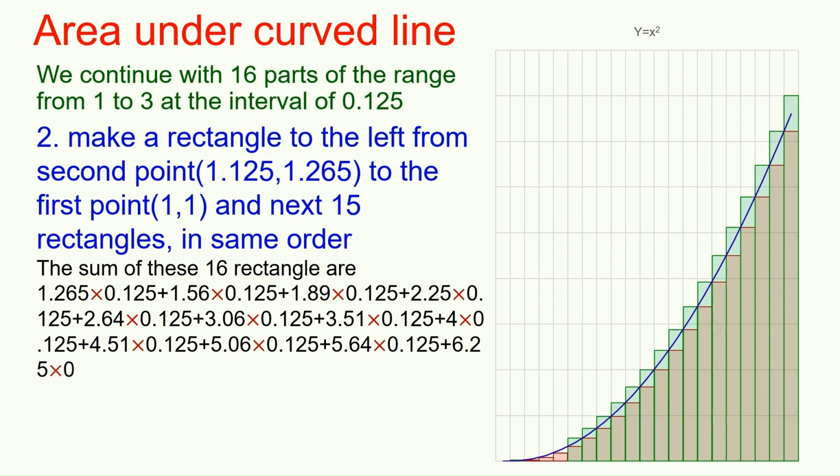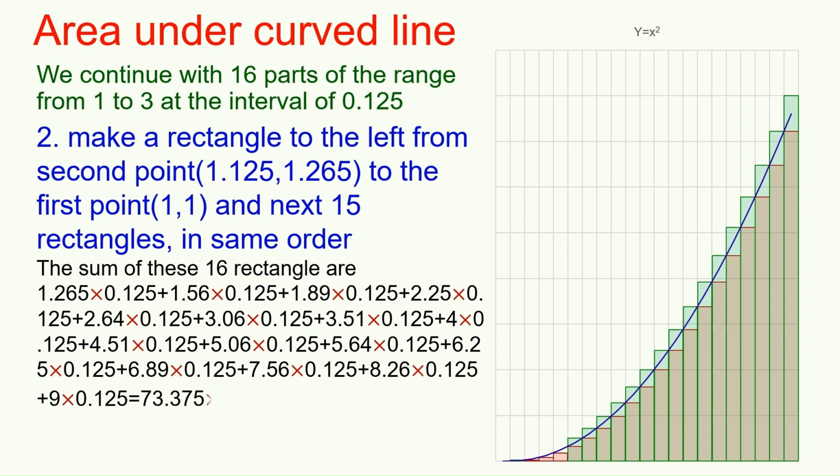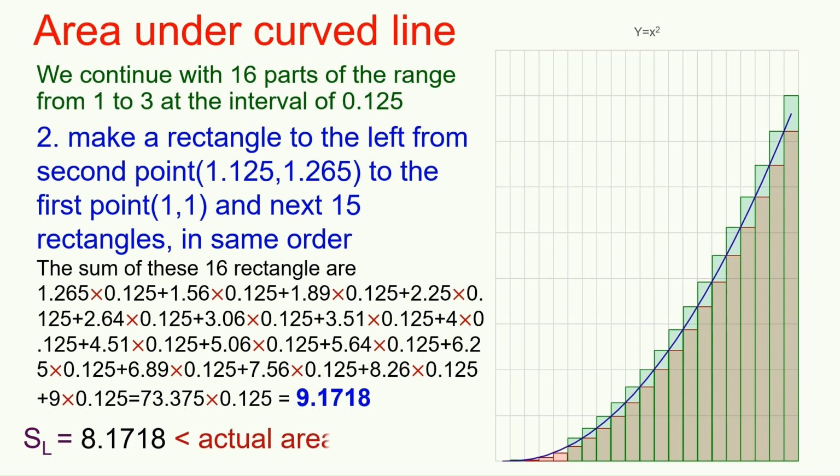The sum of these 16 rectangles is calculated here added to is equal to 73.375 times 0.125 equals 9.1718. Note it again. Area SL equals 8.1718 is less than the actual area is less than area SU equals 9.1718.